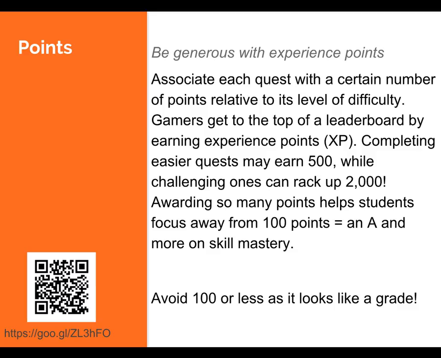So it recommends really increasing the level of points that are available, and if you're using the Moodle thing, it really needs a lot of tweaking because it doesn't do this at all. But it says, throw things up, make points relative to the complexity and the importance in your class, but try to stay away from 100 points. Unless it was something really small that maybe would have been worth 10, then maybe 100 points is okay.